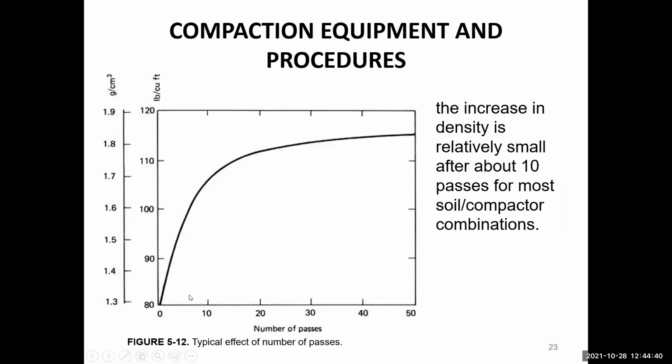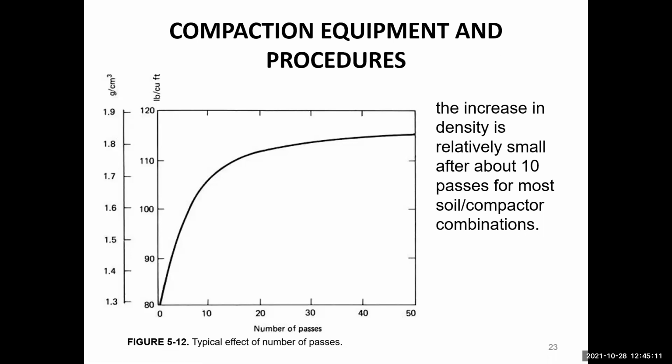Also, this curve shows that as we increase the number of passes of the compacting equipment, the increase in density after about 10 passes is much slower. Up to 10 passes, there is an appreciable increase in density, but after more than 10 passes, the increase in density is just marginal.